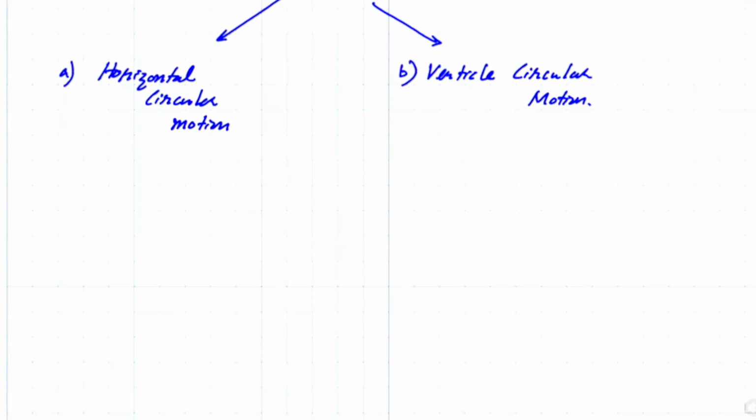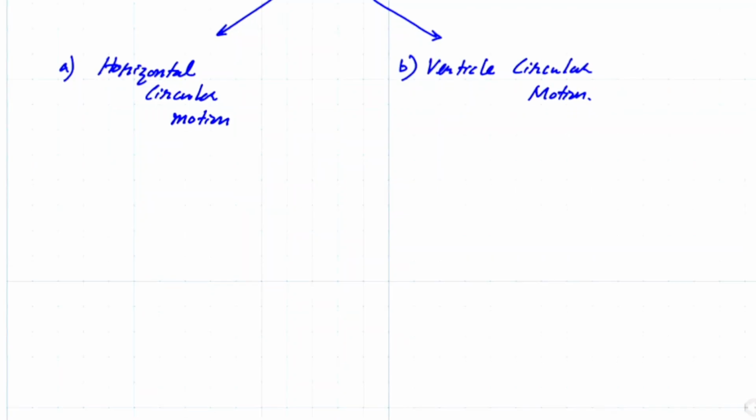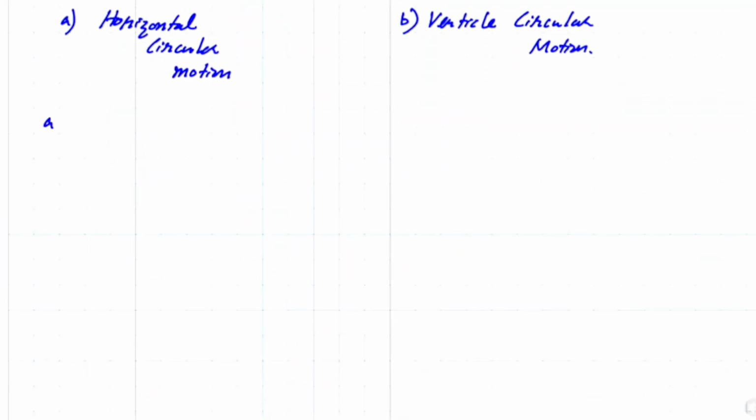So let me discuss horizontal circular motion first. Horizontal circular motion looks like this.